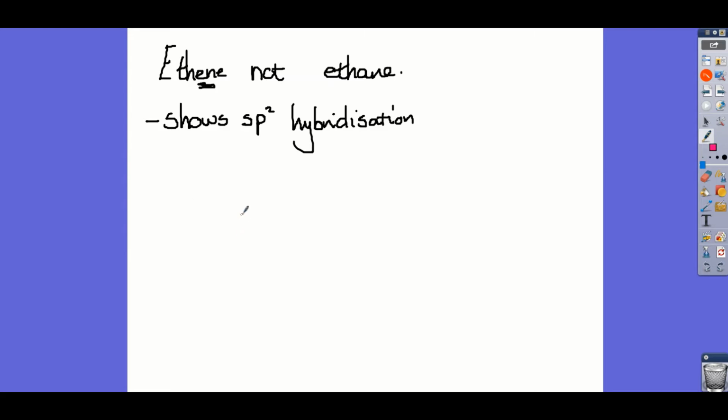So we have our carbon atoms. Each carbon atom shows sp2 hybridization, which means it has 3 hybrid orbitals here. And we have 2 carbons displaying that.